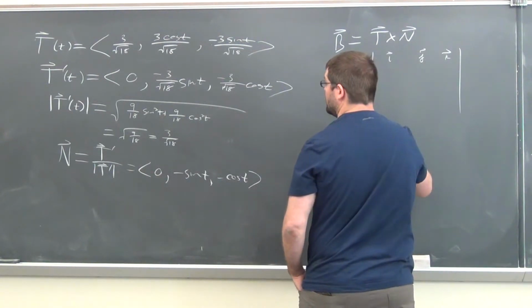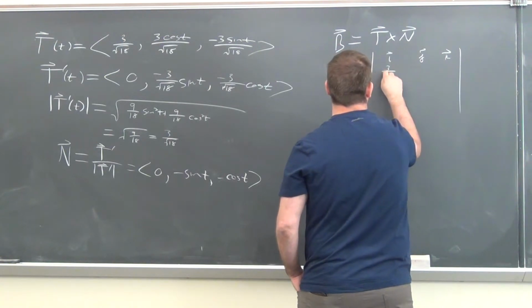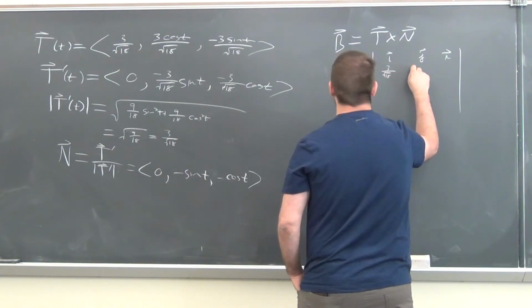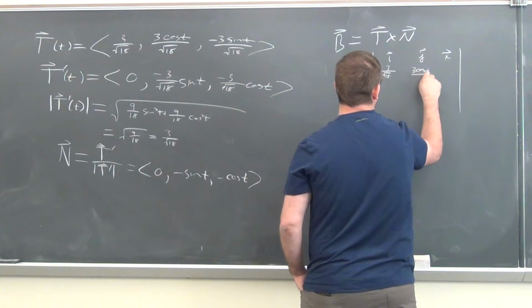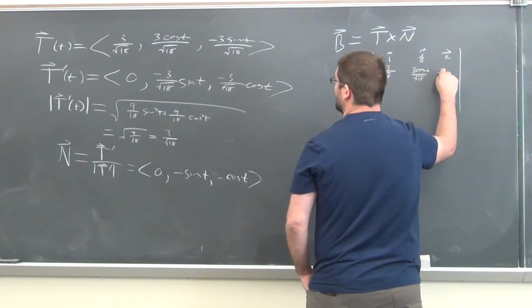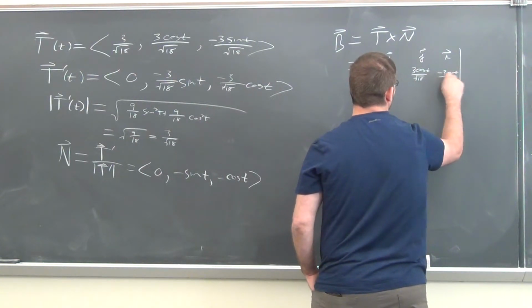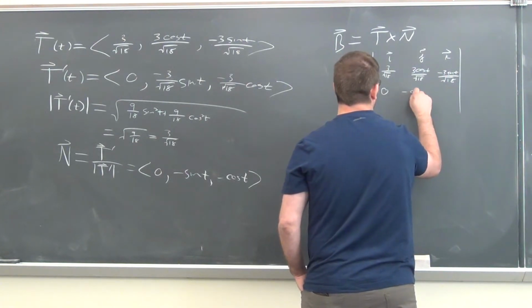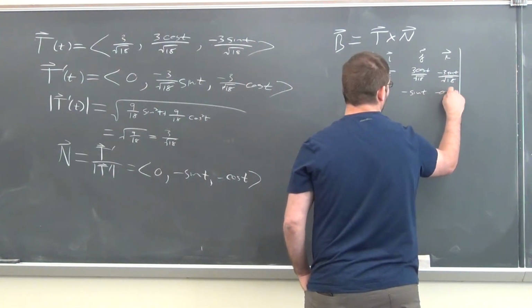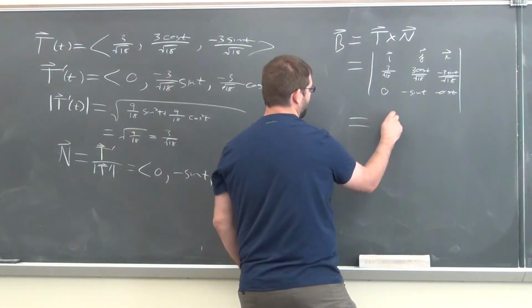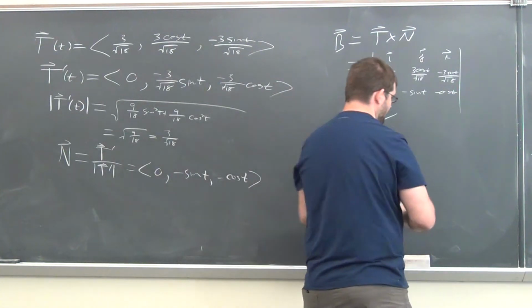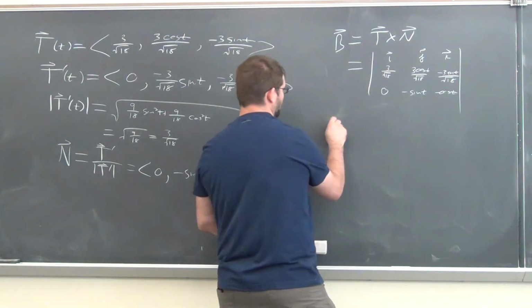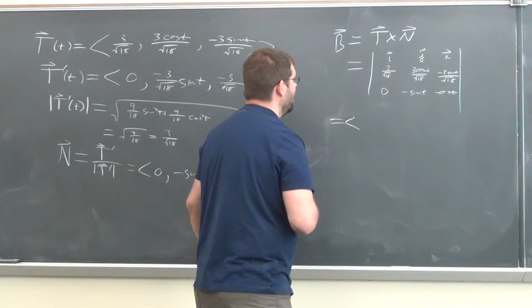And so let's just write these out. So T was 3 over root 18, right? 3 cosine of t over root 18, minus 3 sine t over root 18, and then N is 0, negative sine, negative cosine. And so what do we get here?